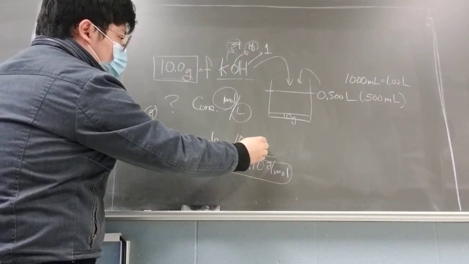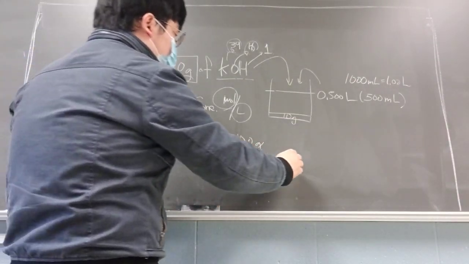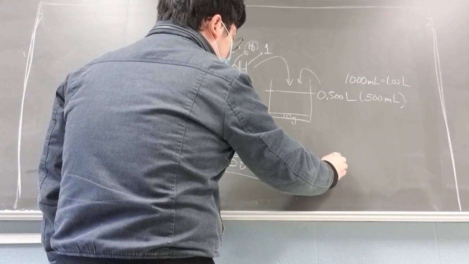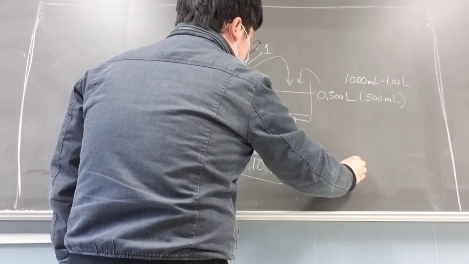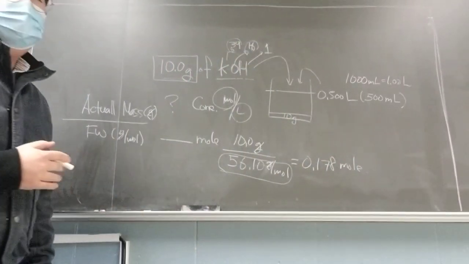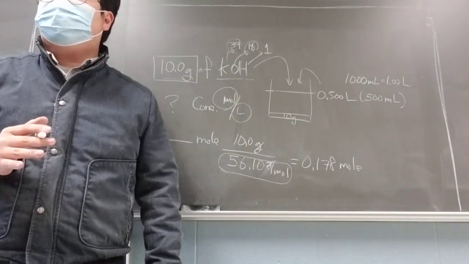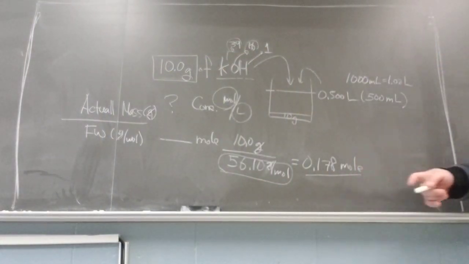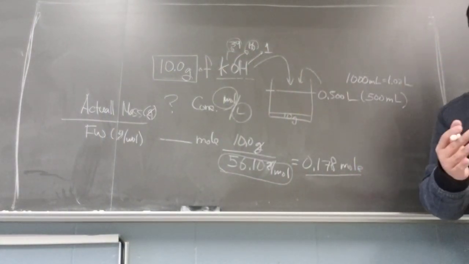You can see the units cancel out. This will be approximately 0.178 moles. So now you can say that 0.178 moles of potassium hydroxide will weigh about 10 grams.